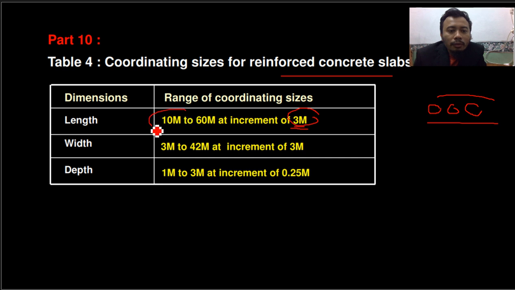So it starts from 1 m up until 6 m, but the increment of the slabs will be 3 m. The same goes for your width, and the depth is a bit different. The depth will be within an increment of about 1 inch, 25 mm. So this is your increment for you to comply with modular coordination.